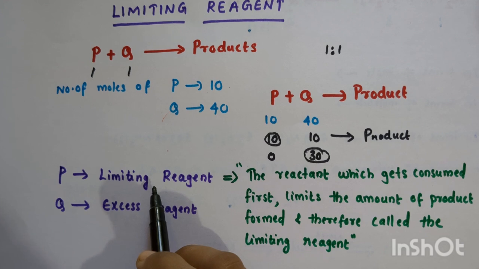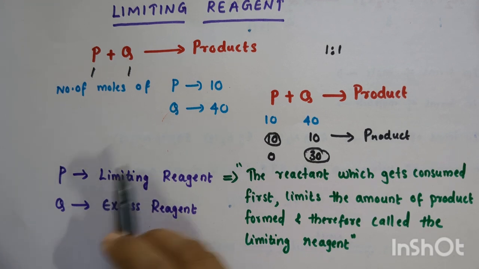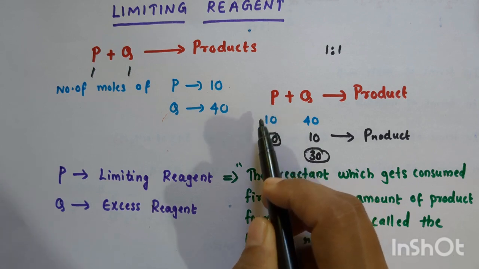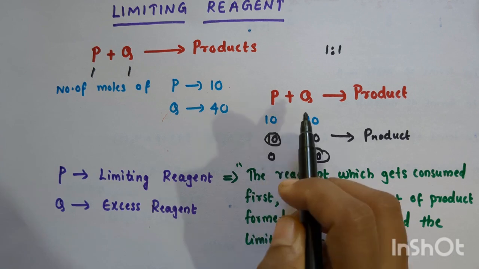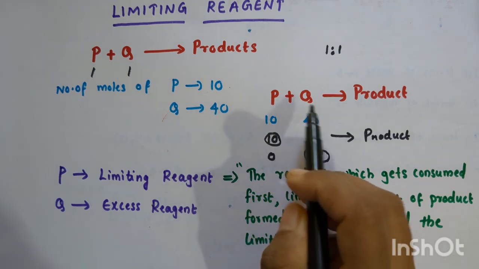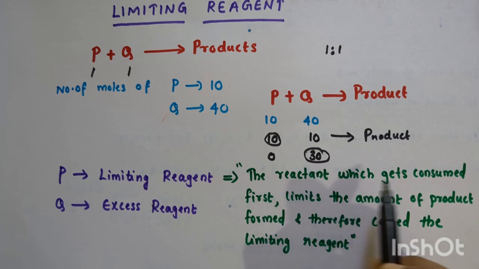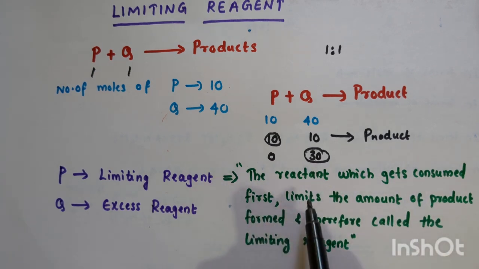So the reactant which is present in the least amount gets consumed after some time, and after that further reaction does not take place whatever be the amount of the other reactant. So the reactant which gets consumed first limits the amount of product formed, and therefore that reactant which gets consumed first is called the limiting reagent.